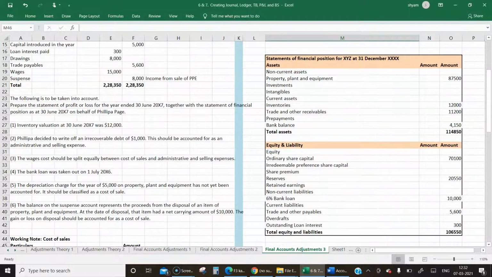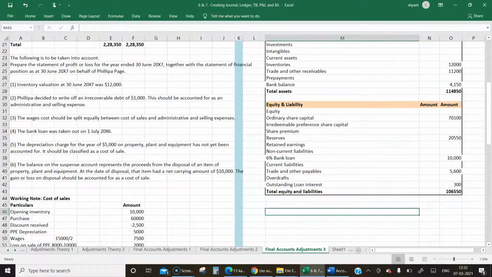So the answer is not tallying. If it doesn't tally, don't worry, we can check it once more. First check what's the difference between the two numbers. The difference is 8,300.